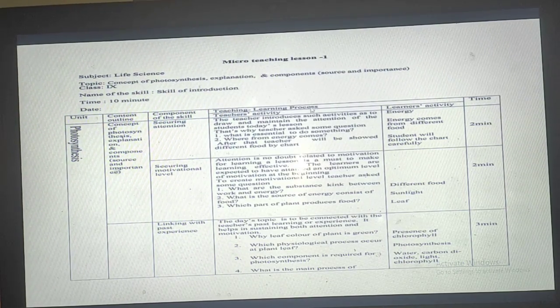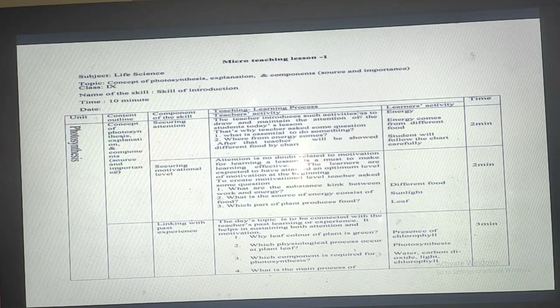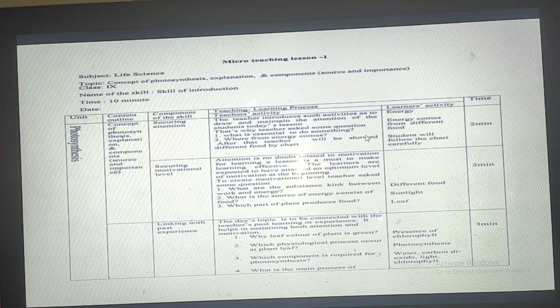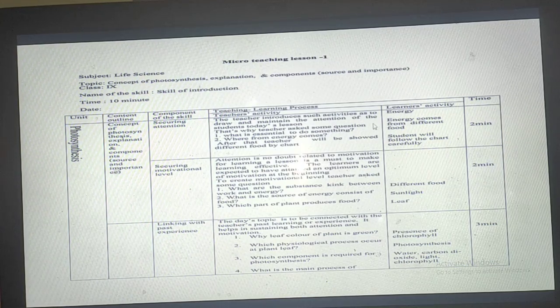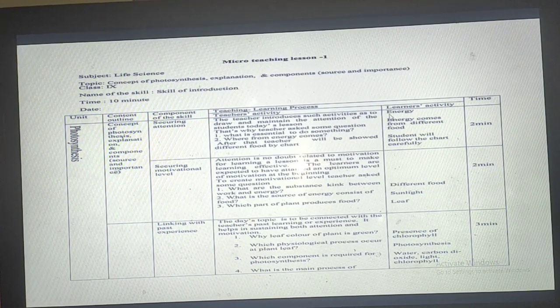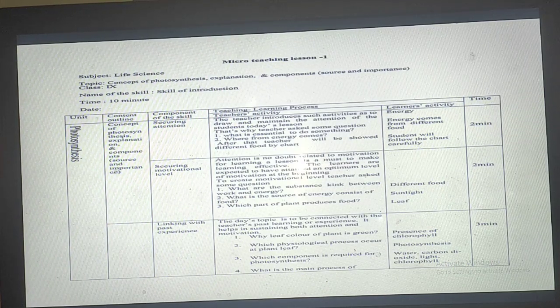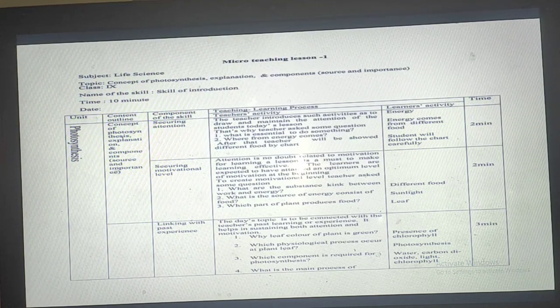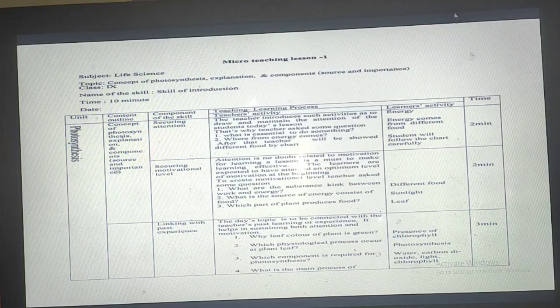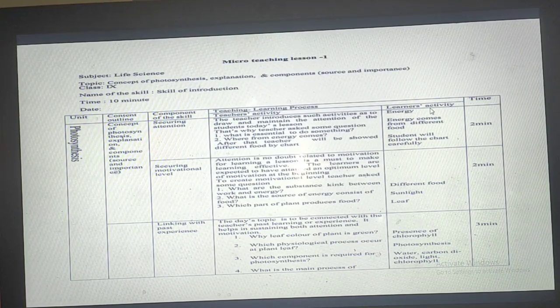You should learn that the teaching learning process occurs with the participation of teachers and students. Therefore, the teaching learning process is divided in 2 ways: first is the teacher's activity and then the learner's activity.